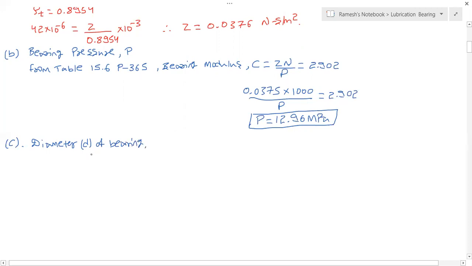I'll be using an equation. We know that bearing pressure is equal to load divided by L into D. This equation is there in your data handbook, equation 15.6C.